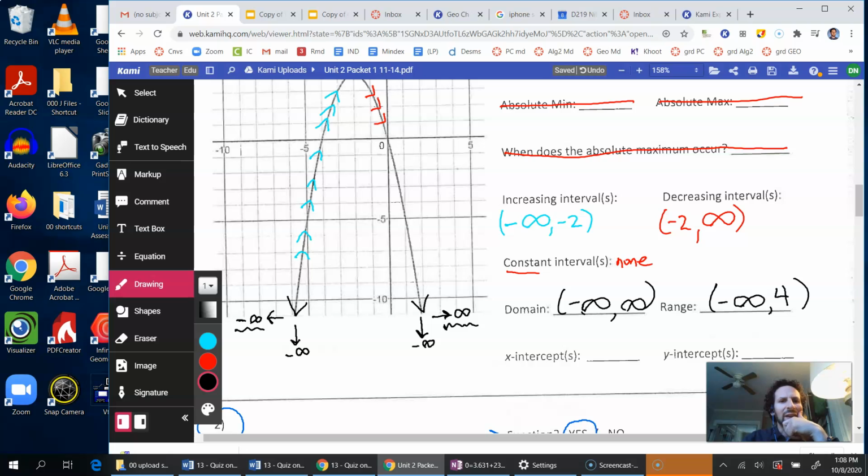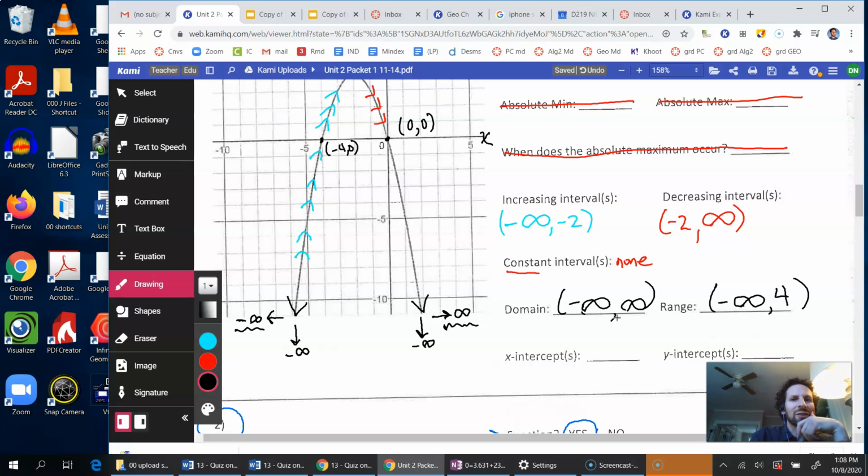And then our x-intercepts, where does it hit the x-axis? If we mark the coordinates of these points, 0, 0, and the coordinates of this point on the left where it crosses the x-axis, we have -4, 0.